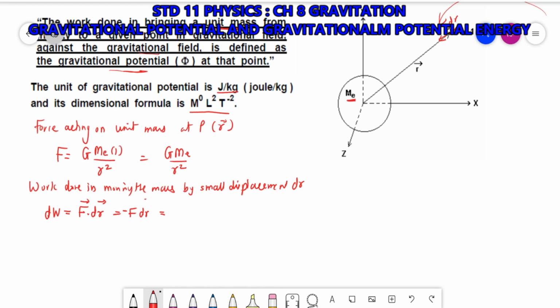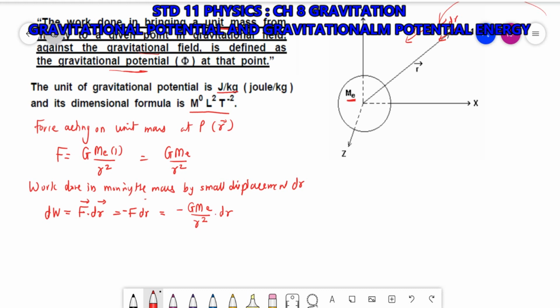As you are moving away, dr is in this direction and the force is in this direction. So the angle is 180, so it will be F dr cos 180. Value of cos 180 is minus 1. So this will be equal to minus G Me upon r square into dr. So this will be the small amount of work done.